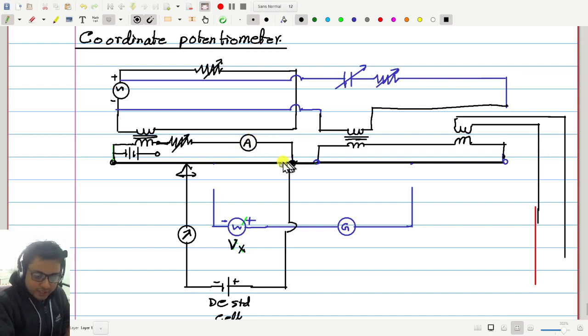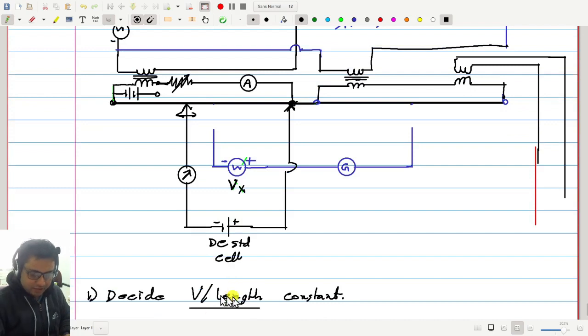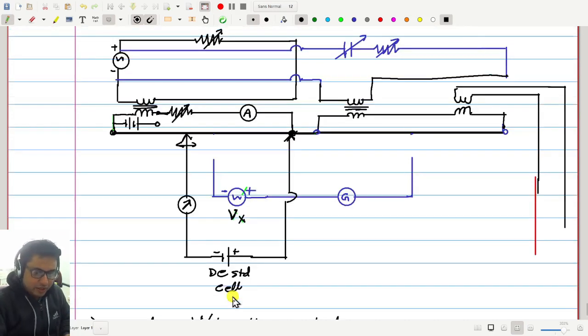That means here we have the same amount of RMS current, the same RMS voltage per unit length as we decided as the calibration factor. After that you remove this. Now the left potentiometer is calibrated. Any problem so far?